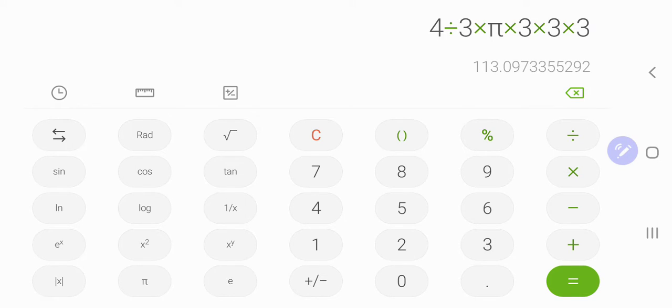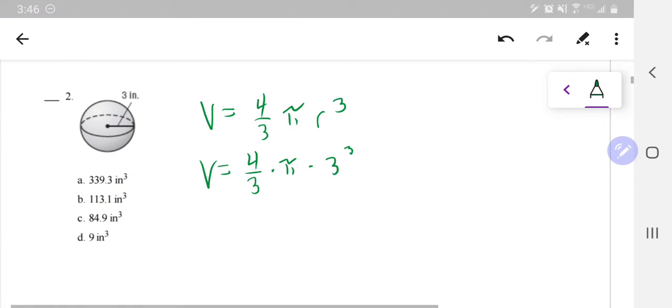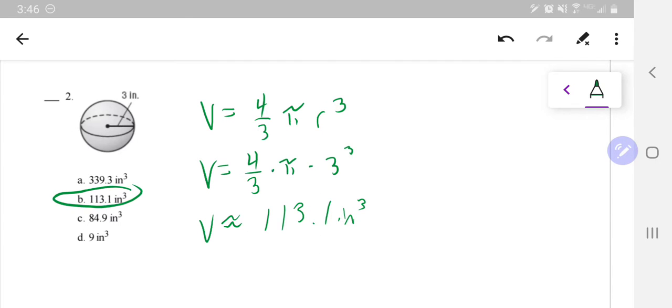All right, and there we have it. It comes to 113.09, which rounds to 113.1. So let's get back to the problem. Volume is approximately 113.1 inches cubed, right there.